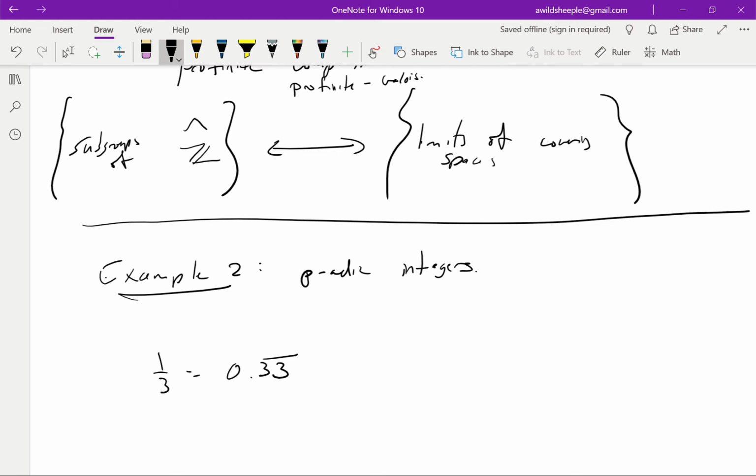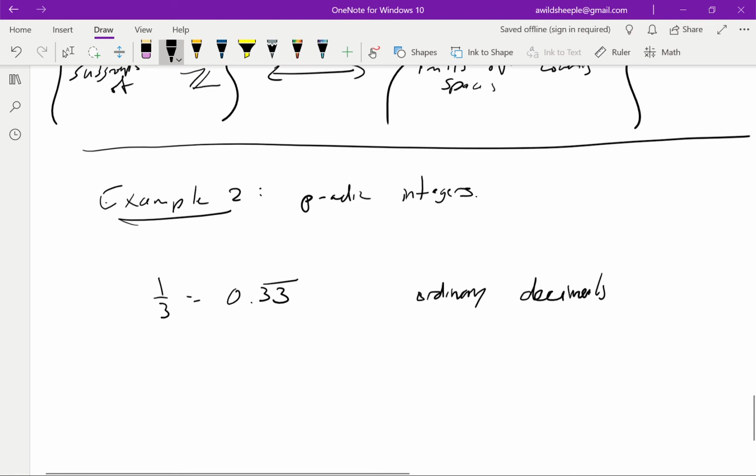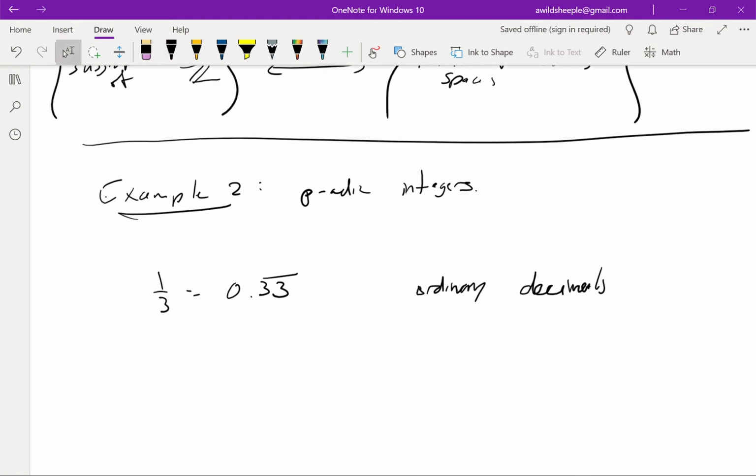Well, the p-adic integers work on a similar principle, except they also allow the expansions to go in the other direction. So this is ordinary decimals. And p-adic numbers allow us to take arbitrary sums that run from minus infinity to infinity in powers of some base, almost always a prime number.